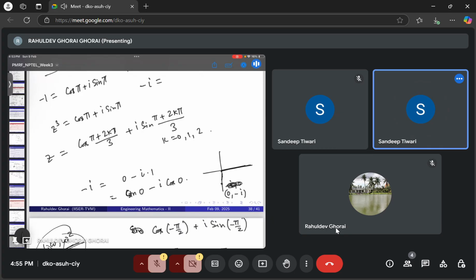And when you put k equal to 1, what will happen? k equal to 1, then 3 pi by 3, pi. Minus 1. So there will be plus minus.